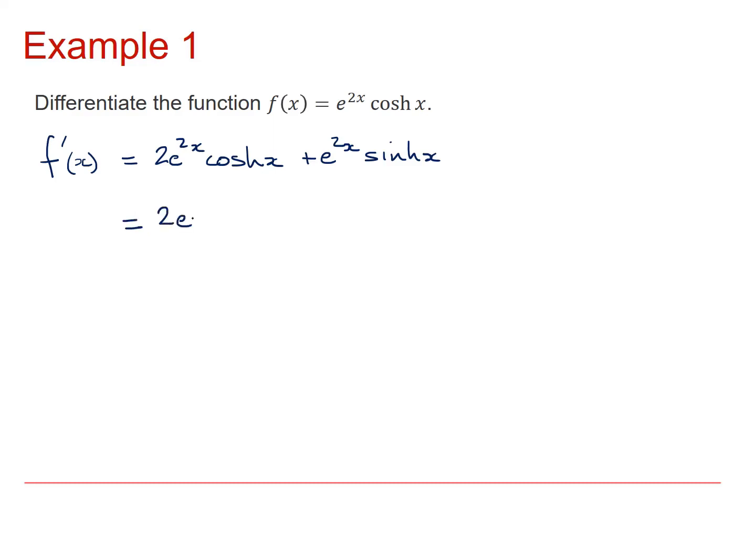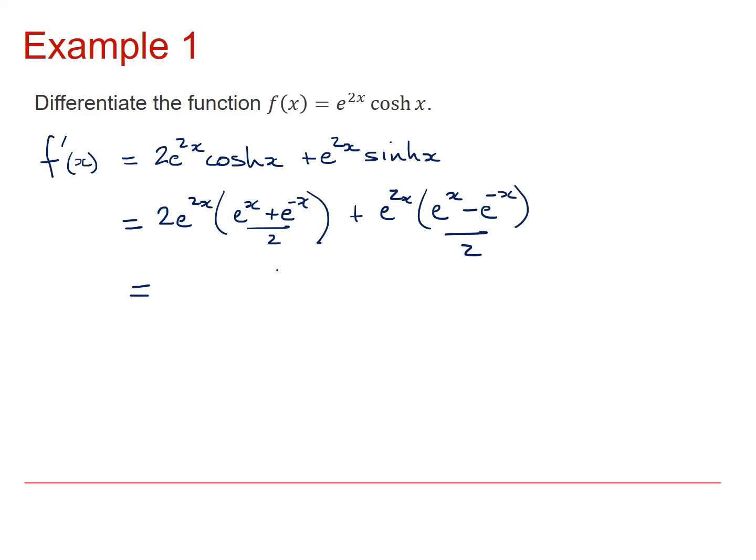So I'm going to get 2e to the 2x, e to the x plus e to the minus x, all over 2, plus e to the 2x, e to the x minus e to the minus x over 2.